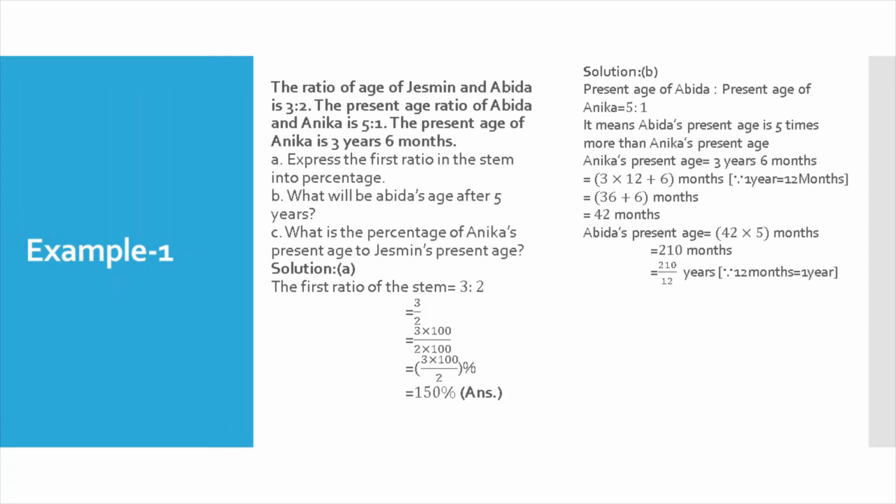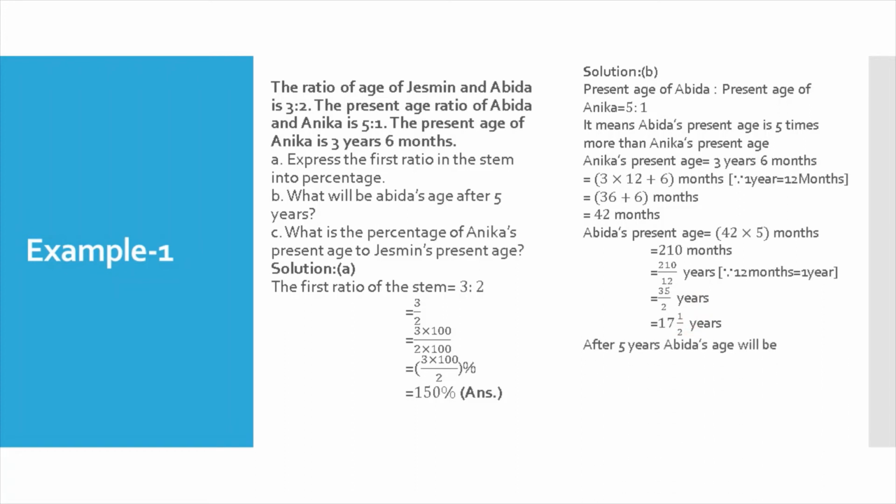So to convert into years, what do you have to do? 210 divided by 12. Since 12 months equals 1 year, we divide 210 by 12. If we reduce, we get 35 by 2, and that is 17 and a half years.